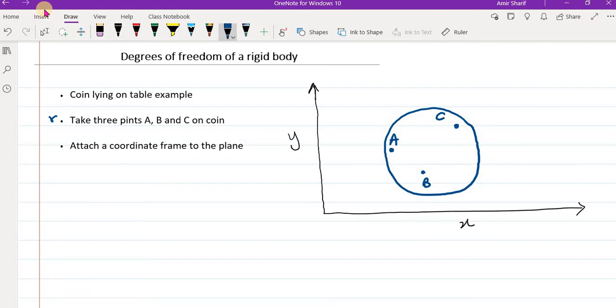Okay, so now what we have here is this distance from A to B. This distance we can name it as DAB.